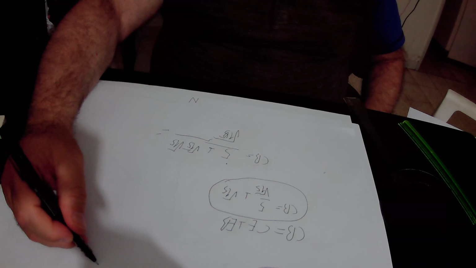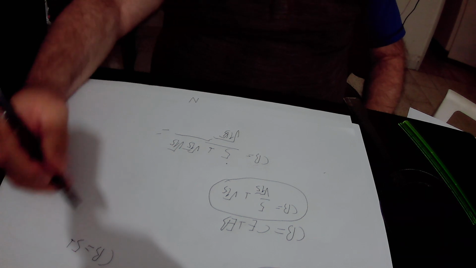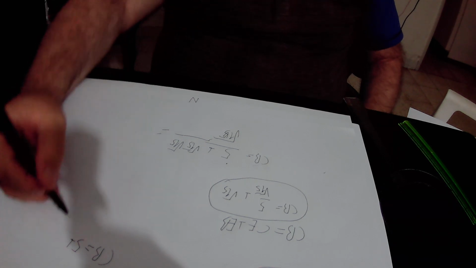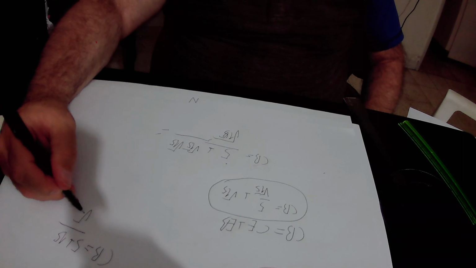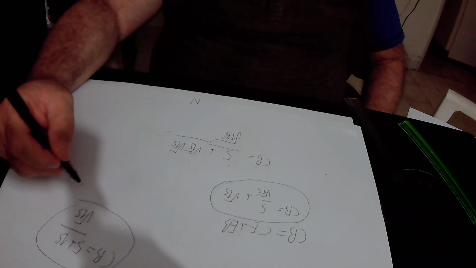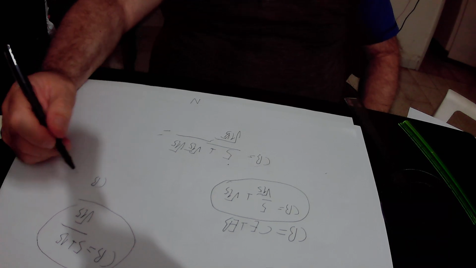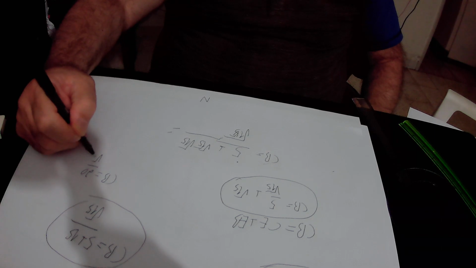So we shall find out that CB equals 5 plus square root of 15 times square root of 15, which is 15, over square root of 15. 5 plus 15 is 20, so CB equals 20 over square root of 15.